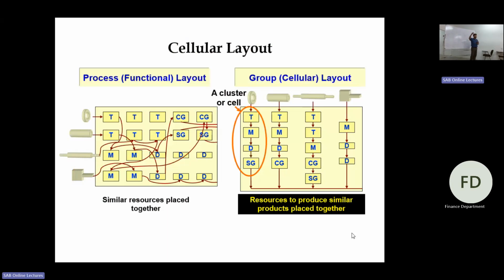Within a cell, the product is manufactured highly efficiently. When you have multiple cells, you can produce multiple products. Variety, flexibility. Clear?